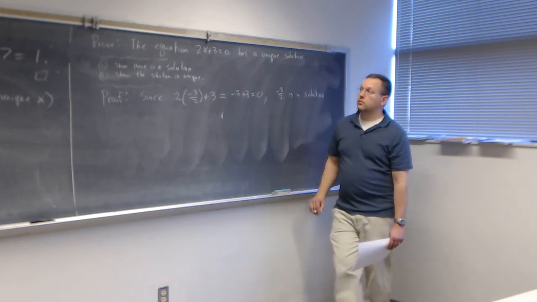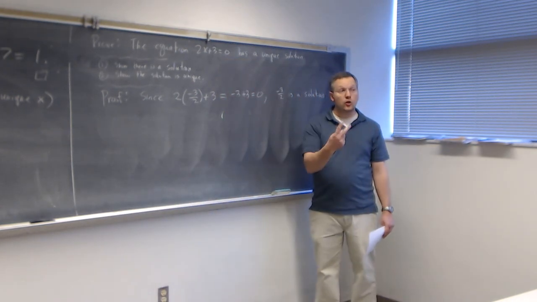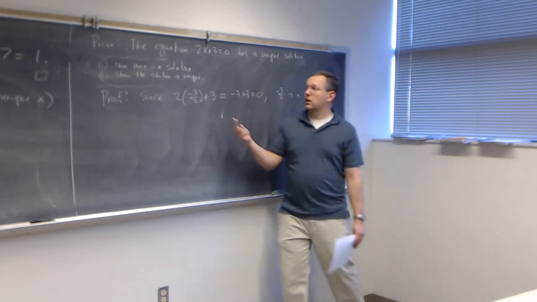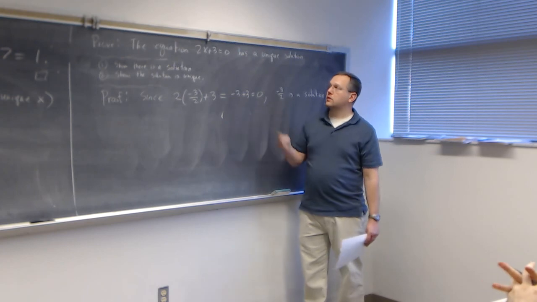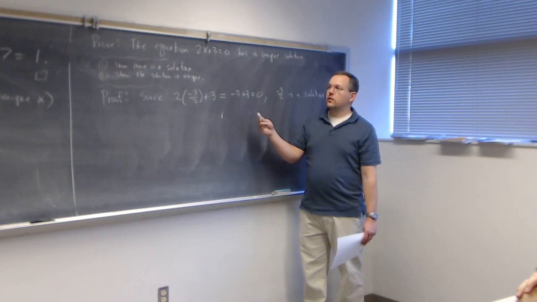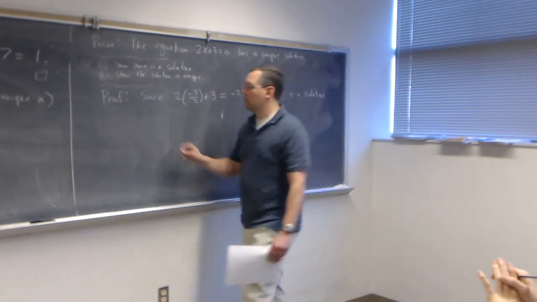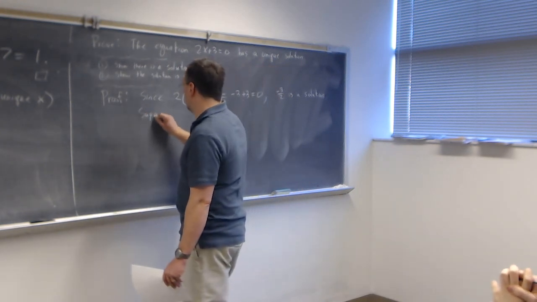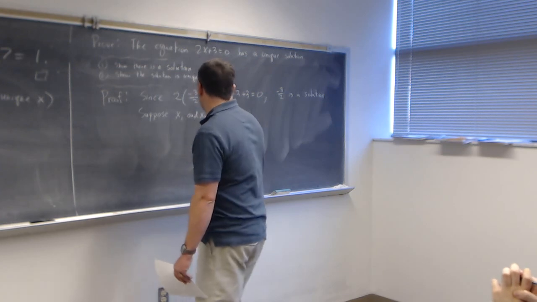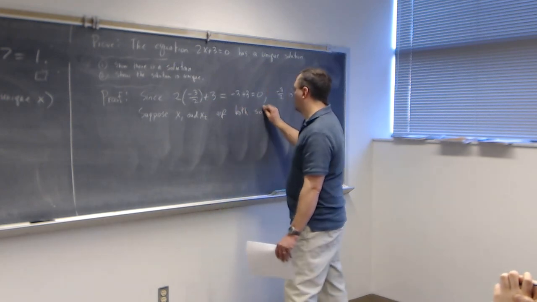All right. Now let's show that it's a unique solution. This is often how I'll prove it. You suppose you have two solutions, kind of like a proof by contradiction. Assume there's more than one. Then you have to conclude that they have to be the same number. So suppose x1 and x2 are both solutions.